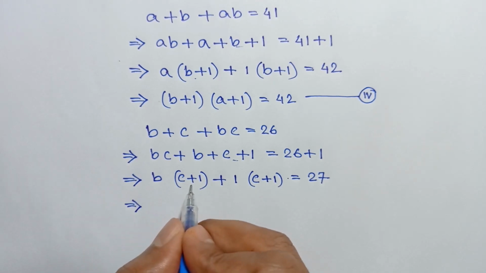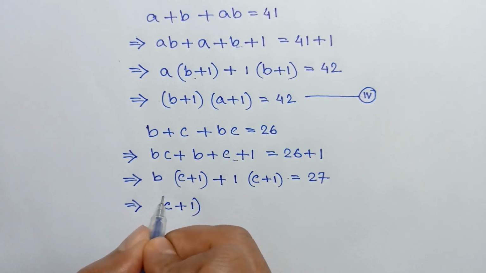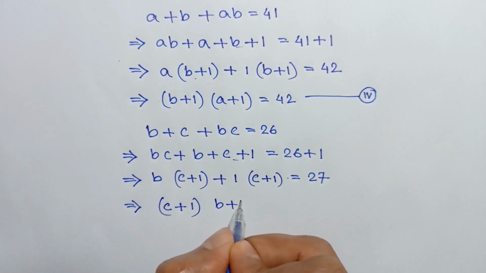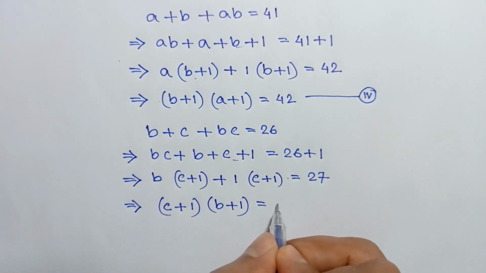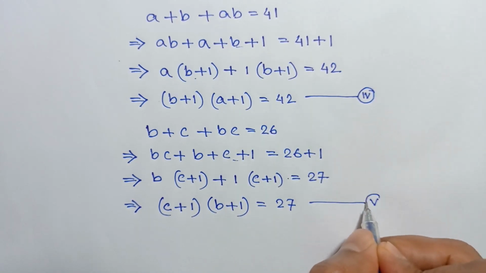Taking (c + 1) common we will have (c + 1)(b + 1) = 27. Call it equation number 5.